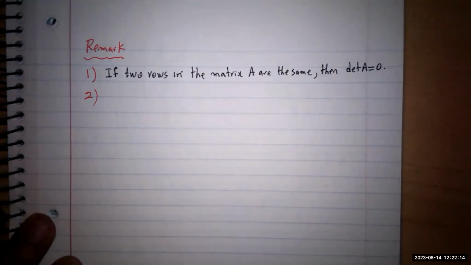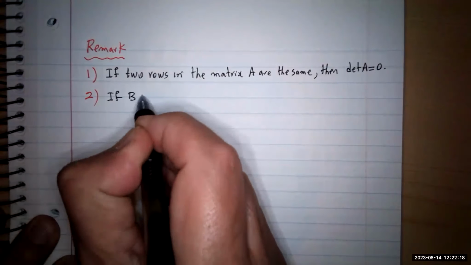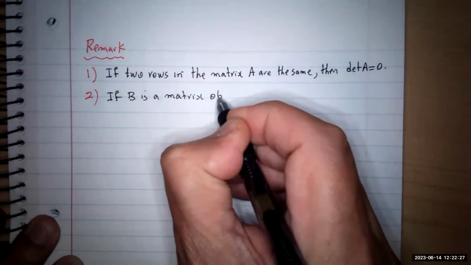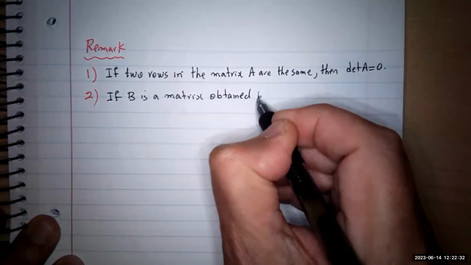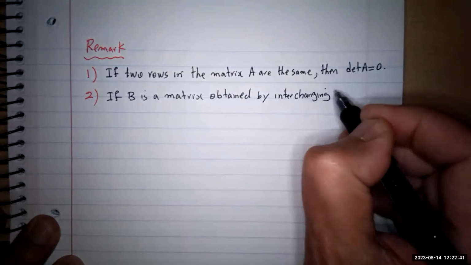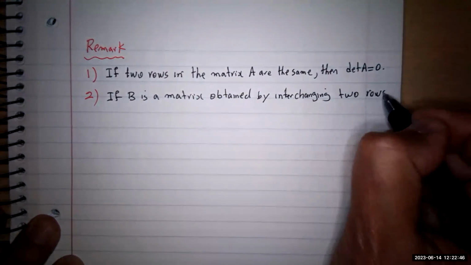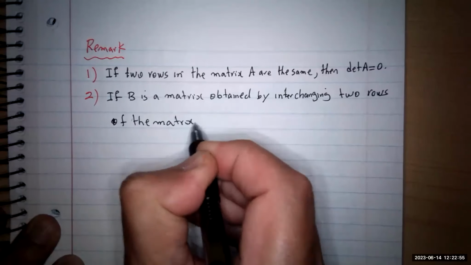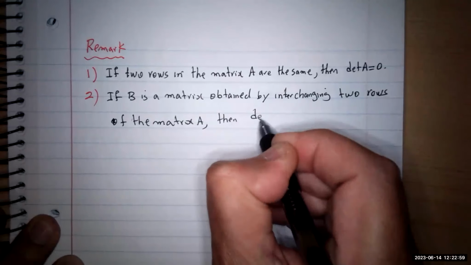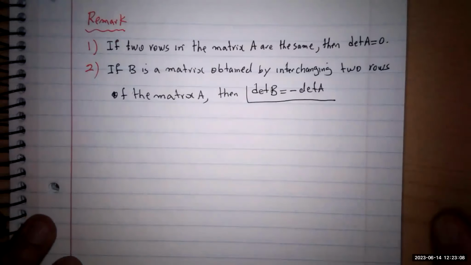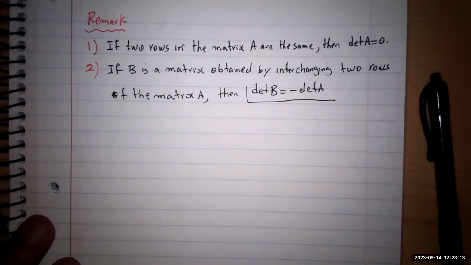The second one: if you interchange the rows, so if B is a matrix obtained by interchanging two rows of the matrix A, then the determinant of B, the new matrix, is equal to the negative determinant of A. So this means in the case of the cross product, if you interchange it, the result is going to be the negative of the original one.